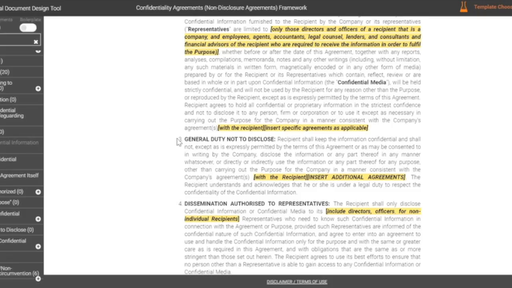Not having a confidentiality agreement really can highlight the issues related to a general duty not to disclose. So for almost every confidentiality agreement, this is the cornerstone, the most important element of that obligation of confidentiality: that you, as a recipient, are agreeing that you are not permitted to disclose confidential information.